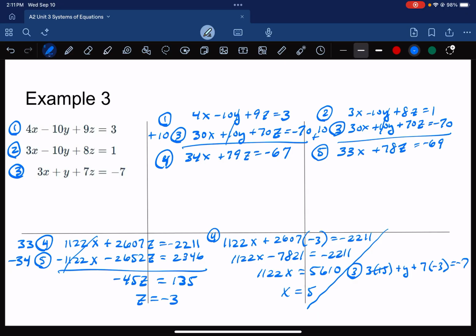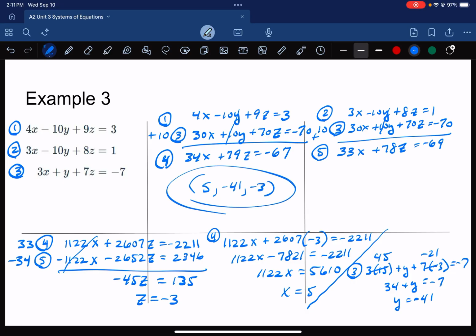So that's 15, and that's negative 21. And 15 minus 21 is negative 6. Plus y equals negative 7. You add 6, and you get negative 1 for y. So we got a 5, a negative 1, and a negative 3.